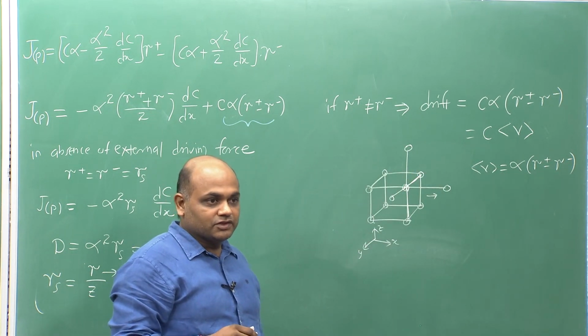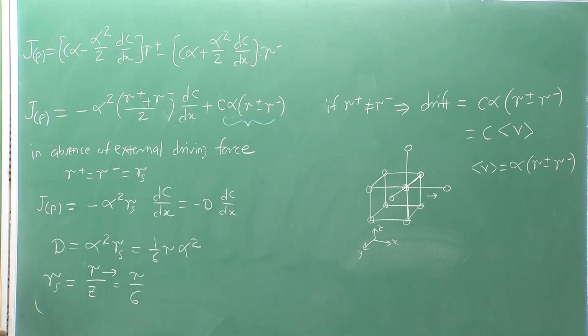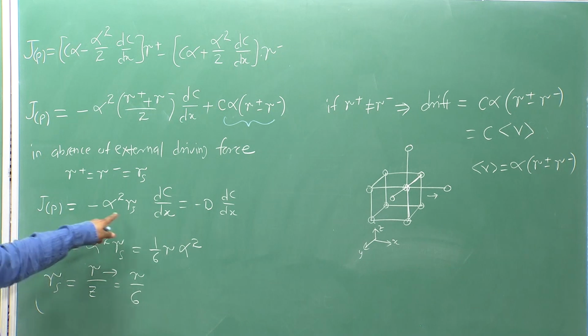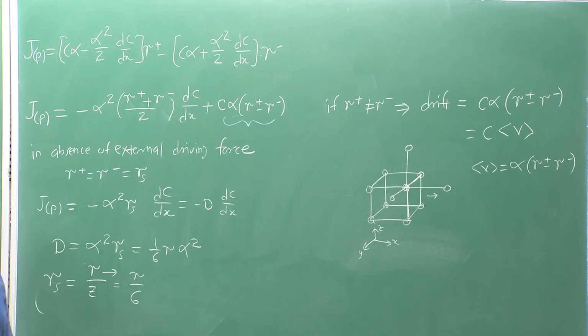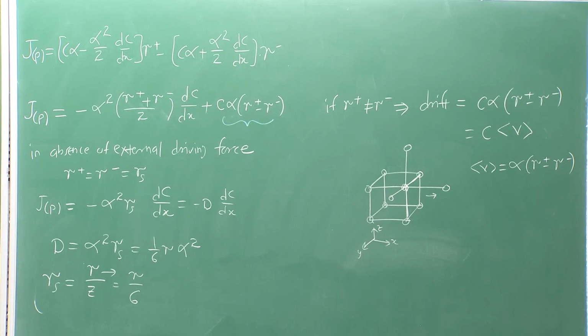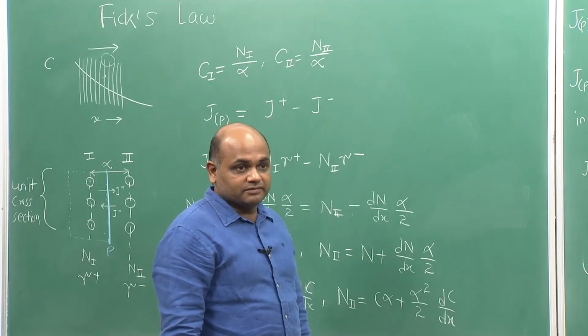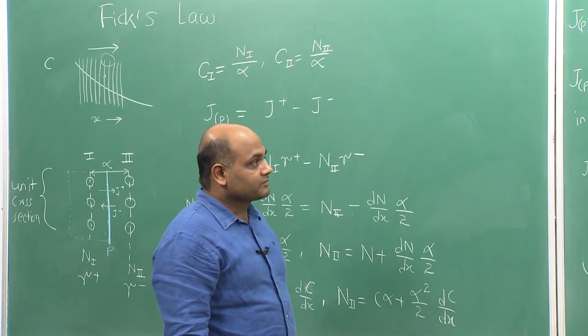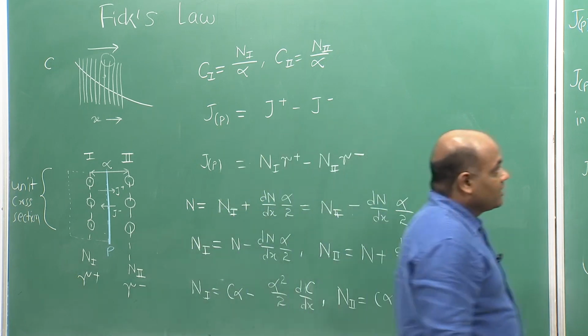Okay. So, this is how the discrete atomic jumps will give rise to the net diffusion flux down the concentration gradient. We have linked the atomistic random jump model to the phenomenological equation of Fick's law.